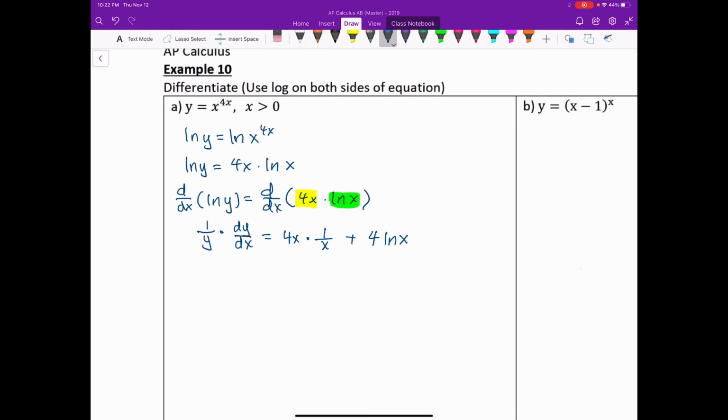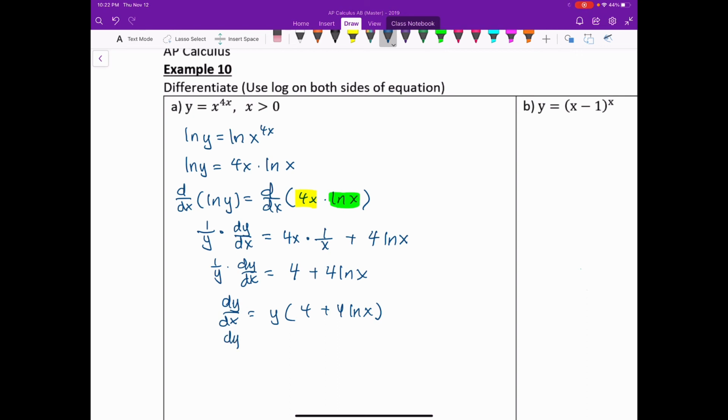So in our particular case, we get 1 over y times dy/dx is equal to, now the x's cancel out, 4 plus 4 times the natural log of x. To solve for dy/dx, I'm going to multiply both sides by y. So 4 plus 4 natural log of x, and y was equal to x to the 4x.